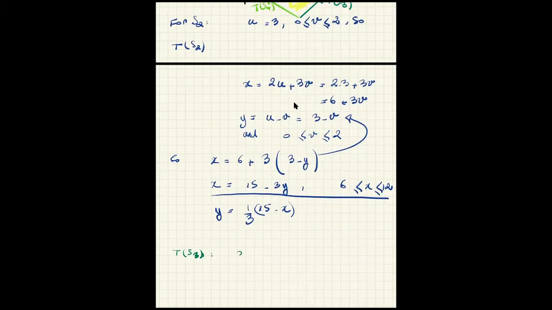So you're supposed to get X is equal to 2Y plus 10, and X is between 0 and 6.